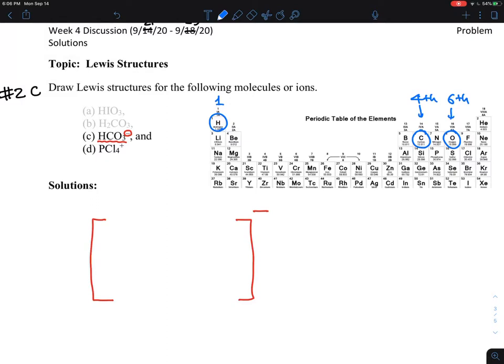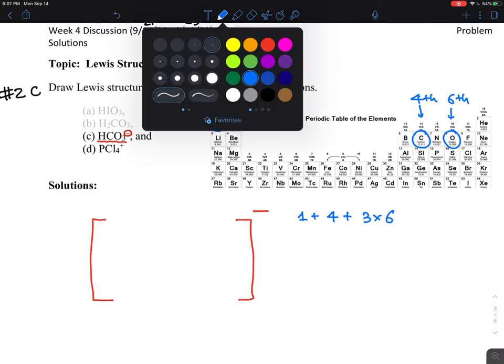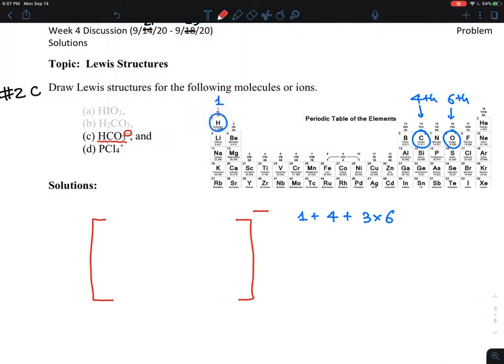So then the valence shell electrons: hydrogen is 1, carbon is 4, there are 3 oxygens, each with 6. But one thing to remember, now we are dealing with a charged ion.